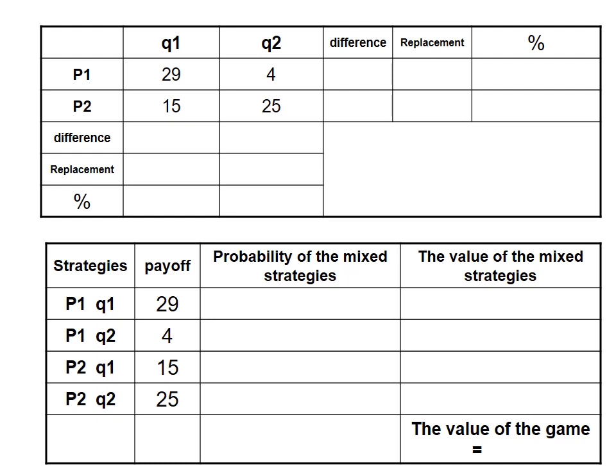Games with mixed strategy. We prepare this schedule for the game. First, in each row, we will take the difference between 29 and 4, and the difference between 15 and 25. Also for the columns, we will see the difference between the two numbers in the first column, and in the second column.